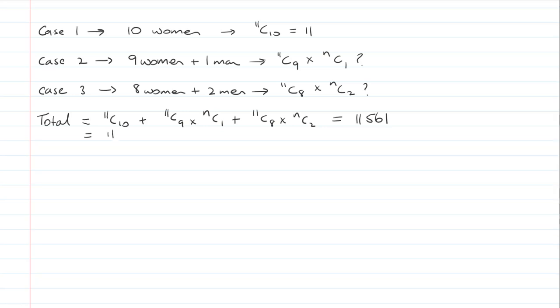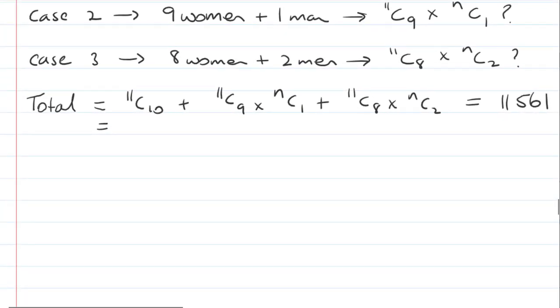So 11C10 is 11. 11C9 is a calculation that we can do, and that's 55. And then NC1 is n factorial over 1 factorial n minus 1 factorial. And I'm going to expand this over 2 lines.